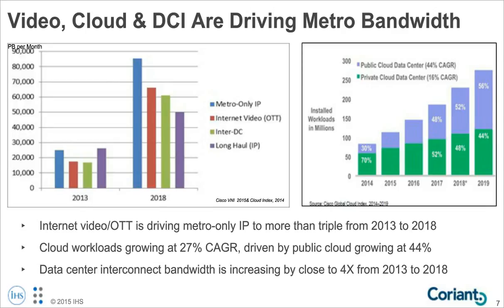So that's the first one, video. The second one is cloud, and in particular enterprise cloud, with workloads moving increasingly to the cloud, and in particular to public cloud, which is growing at a 44% CAGR. And then underlying these two trends is data center interconnect, which is the east-west traffic flows between data centers to support this video and cloud, and that's growing by a factor of 4 in the same time period.